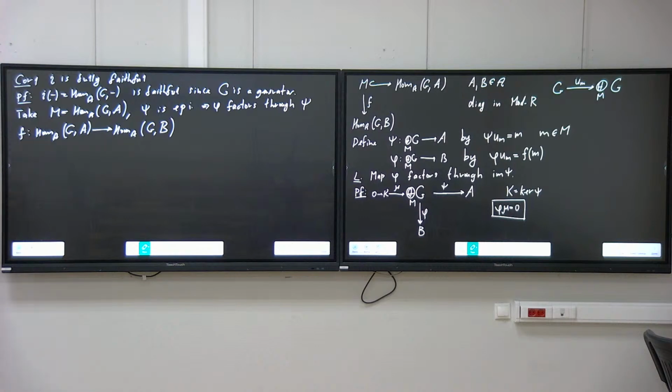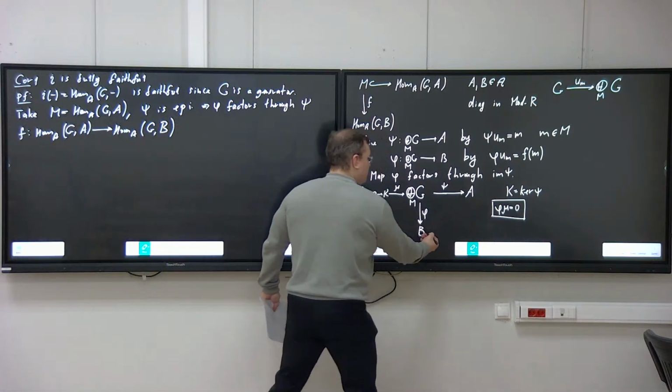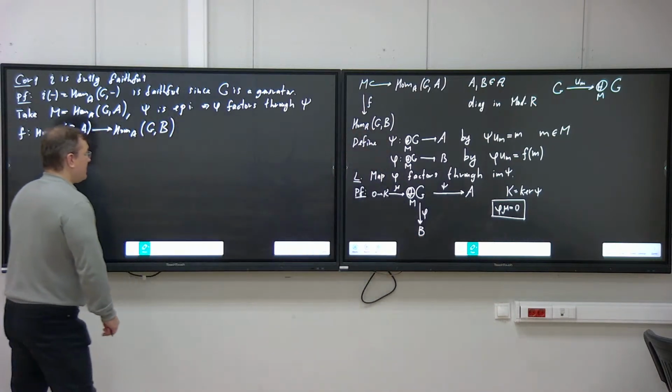On the other hand, when I want to show that this is a full functor, I want to show that any map like this, this F is in the Hom of the I of A to the I of B. So I want to show that any such F can be lifted to a map from A to B. But this I can do, right?